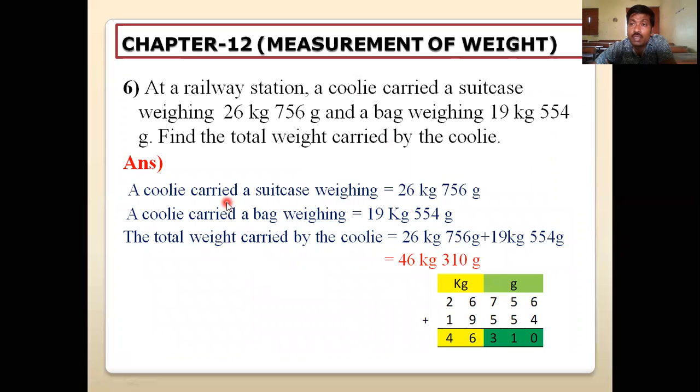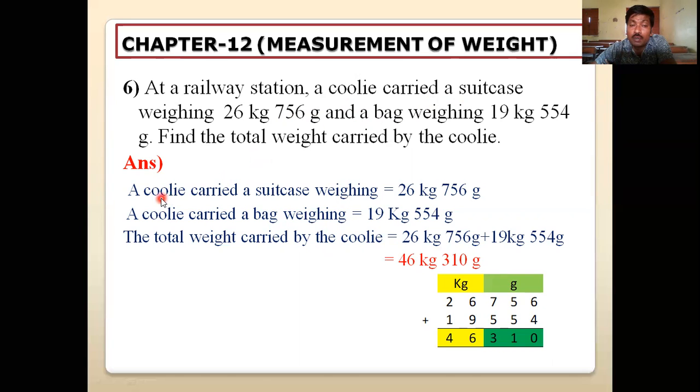Now here is question number 6. At a railway station, a coolie carried a suitcase weighing 26 kg 756 gram and a bag weighing 19 kg 554 gram. Find the total weight carried by the coolie. Here the word is the total. And how can we find that? When we add these two weights, suitcase and the bag.